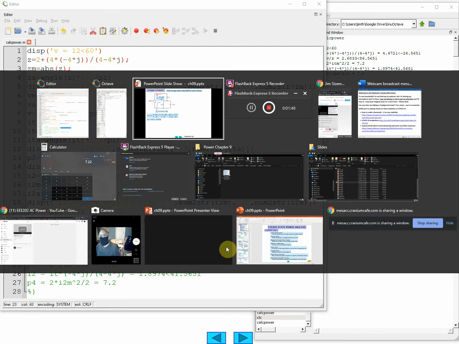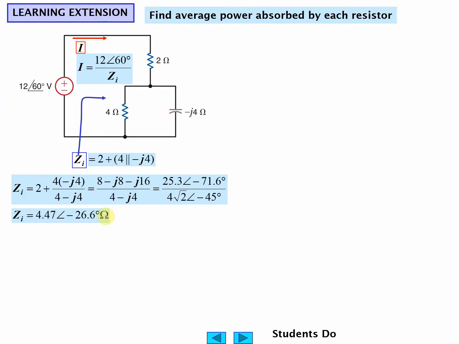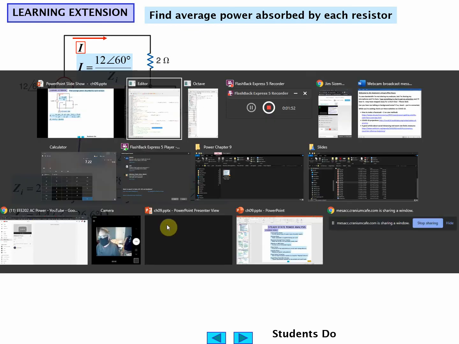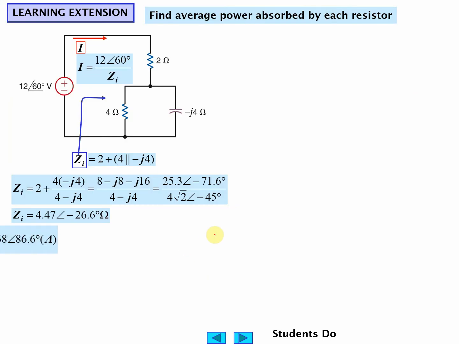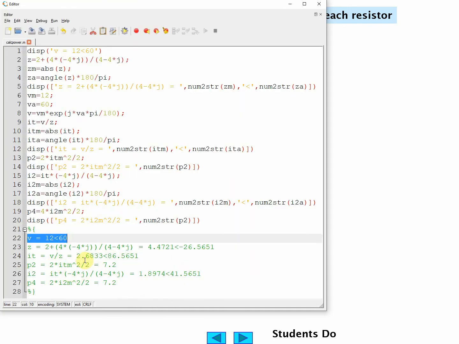And what did they say over here? 4.47 at negative 26.6. Okay, total current is going to be total voltage, which is this, divided by Z. And let's see what they say. 2.68 at 86.6.